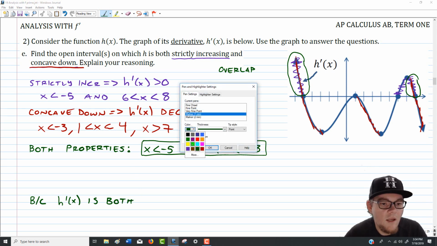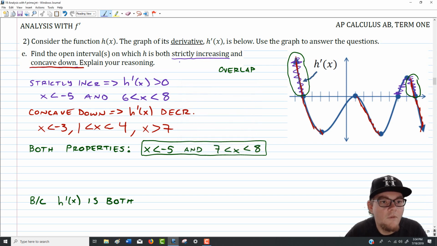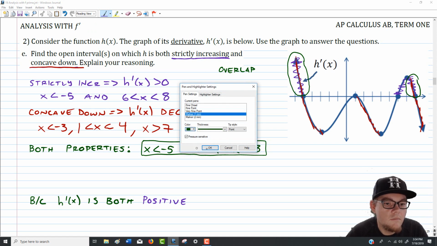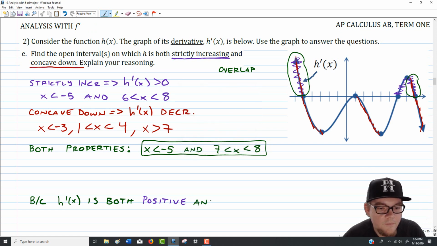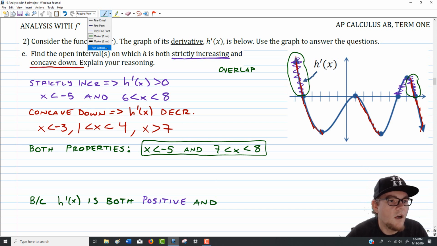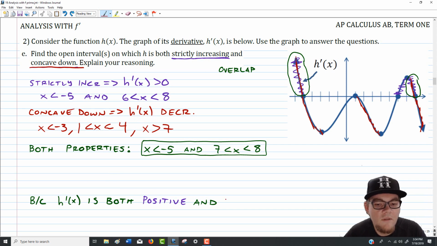So in this case, I'll pick colors intentionally: for h to be strictly increasing, we'd say h prime is both positive, and second, we wanted to talk about concave down, and concave down happens when h prime is decreasing. So because h prime is both positive and decreasing.